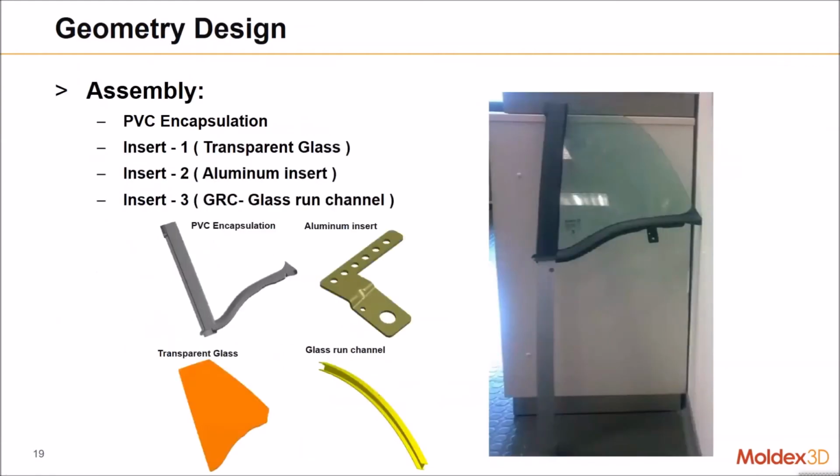This is the geometry design for this case, and there are 4 part inserts. The first one is the aluminum insert. You can see it in the picture here, along with the transparent glass and the glass run channel. And our part is the PVC encapsulation.